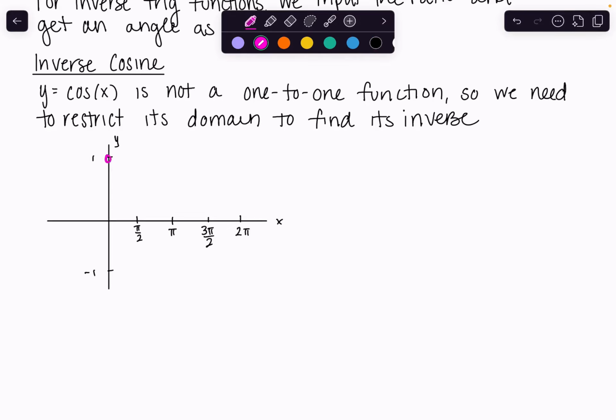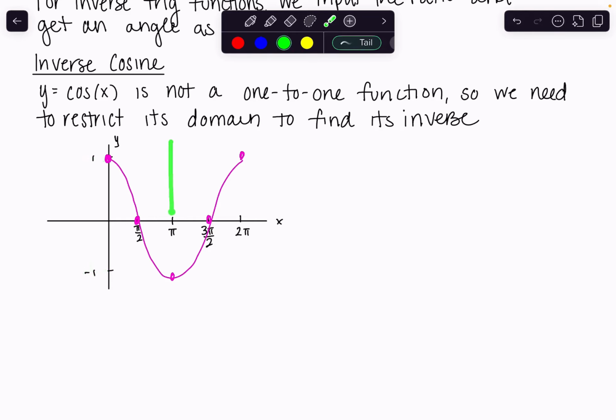The cosine function starts at 1, 0, -1, 0, +1, and then repeats from there. Then we get that nice wave shape. So if I'm going to restrict this, I want to make sure I take on every single y value, but I don't have a break in my function at all.